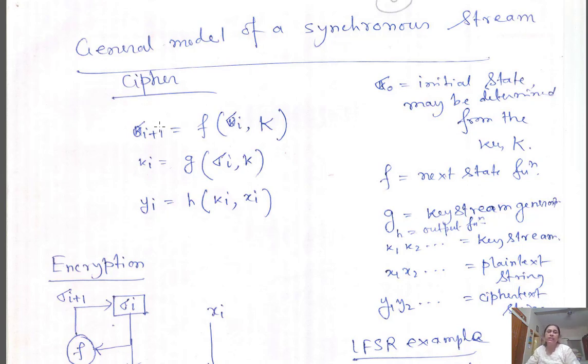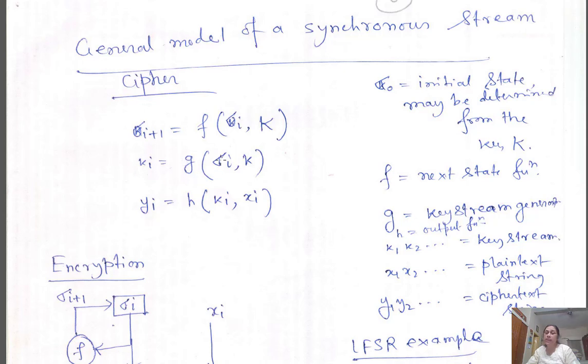The next state is generated using the next state function, which takes the current state and the key. The key stream is generated by the key stream generator.